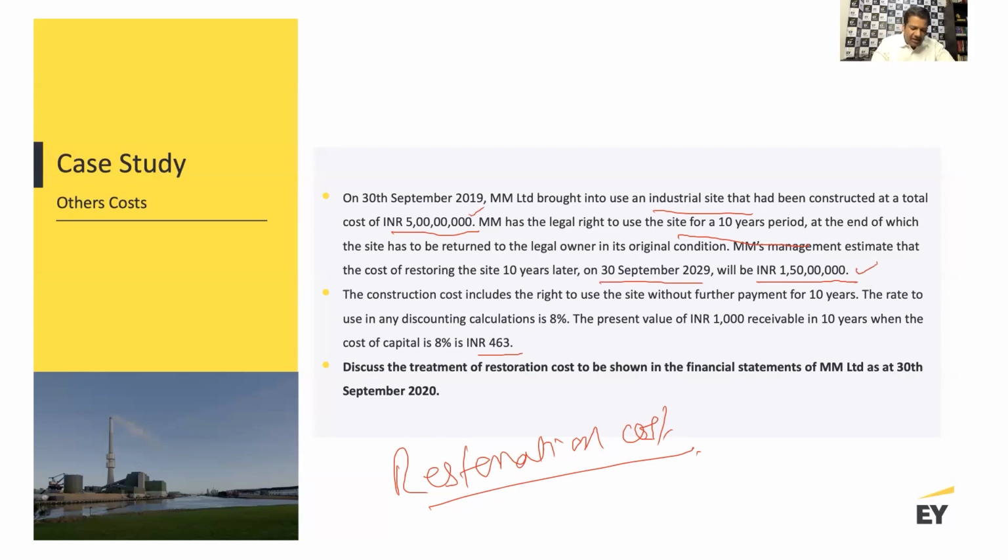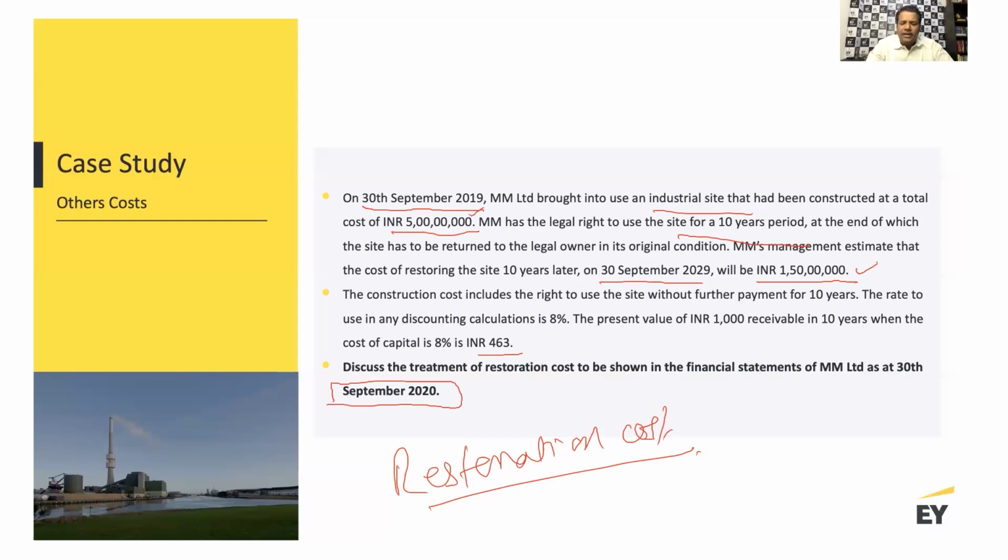Discuss the treatment of restoration cost to be shown in the financial statement of Limited as at 30th September 2020. That means after 1 year, as I purchased this on 30th September 2019.